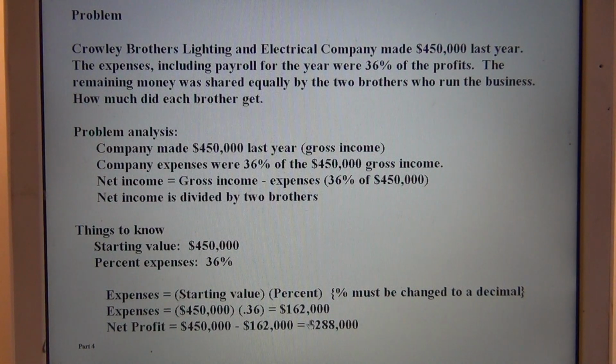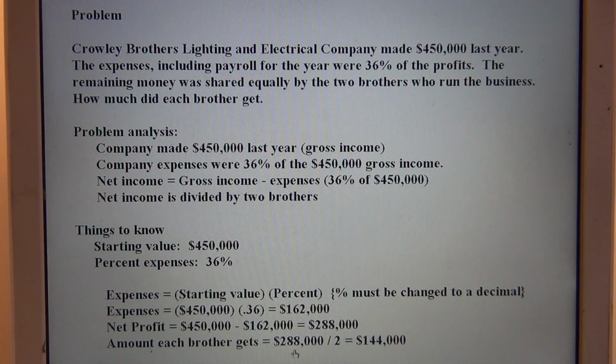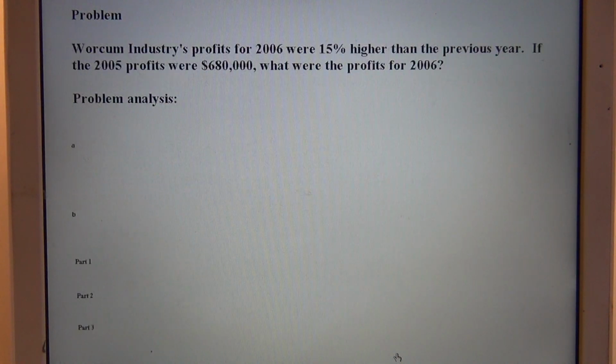Now remember, there were two brothers and they get an equal share of that. So we have to divide 288 by 2, and that'll tell us what each brother gets. Well, $288,000 divided by 2 is $144,000. So each brother will get $144,000.